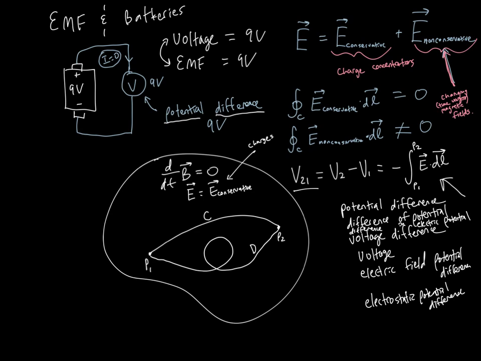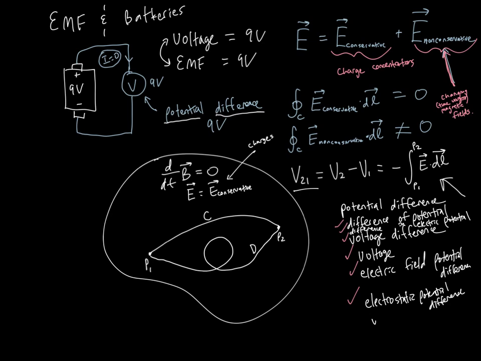Now, there are many names for the potential difference. Here's one: difference of potential, difference in potential, or sometimes difference in electric potential, voltage difference, just simply voltage, electric field potential difference, electrostatic potential difference. Oh, and I just thought of another one.